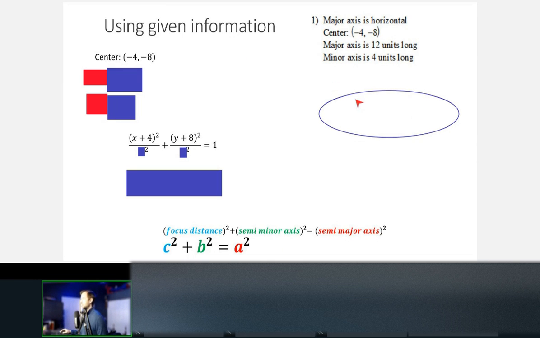So if it's longer in the x direction, is the a going to be under the x, or is the a going to be under the y? Yeah, it's going to be under the x. So I'm going to put an a, just like earlier this morning, and then I'll put a b under here. And that just helps me keep track of which one should be bigger. So we know the a value is always bigger than the b value.